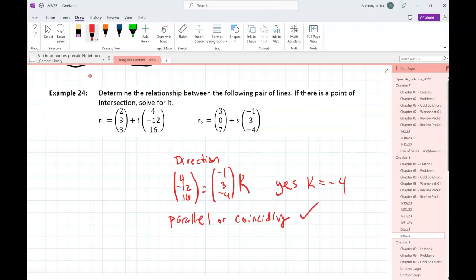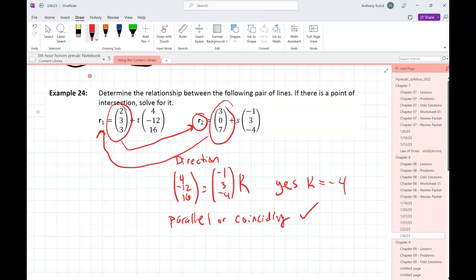Everybody good? What do we do then? See if the point vector from one line is a point on the other line, right? So you could take 2, 3, 3 and plug it into R2, or you could take 3, 0, 7 and plug it into R1.